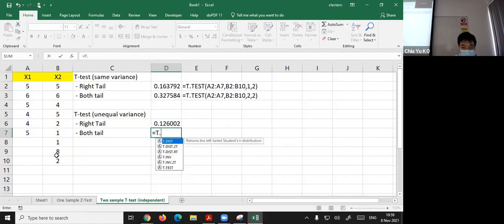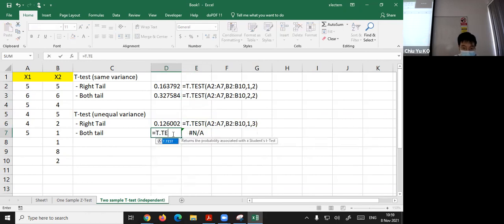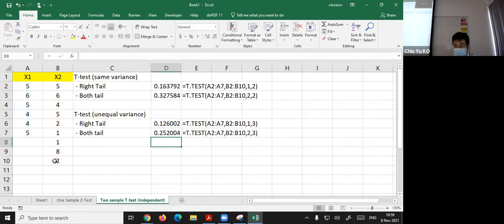If two tail, let me copy. The two tail will be the same thing, just T.TEST. You just highlight this and highlight that, and you give two tail, and you have unequal variance. So I hope this convinces you that it's easy to calculate the t-test from data.